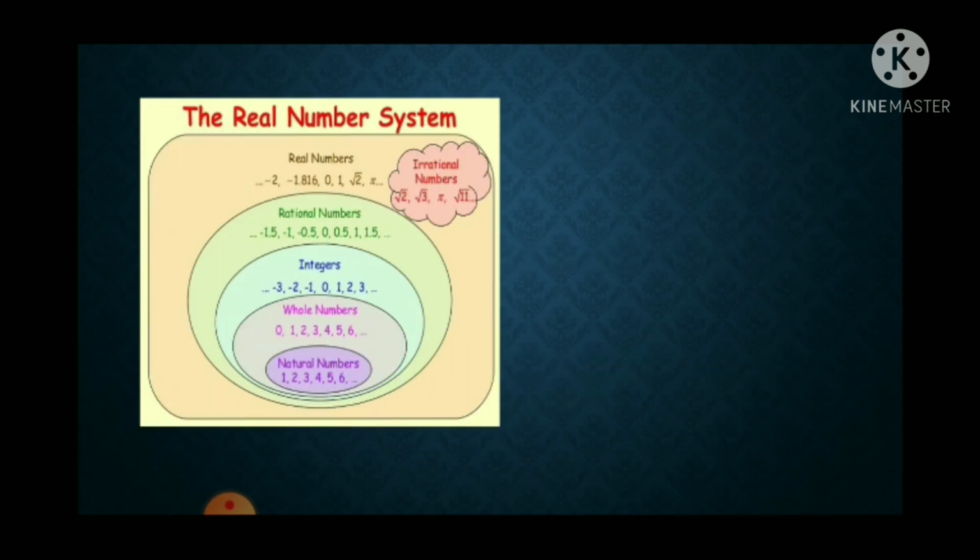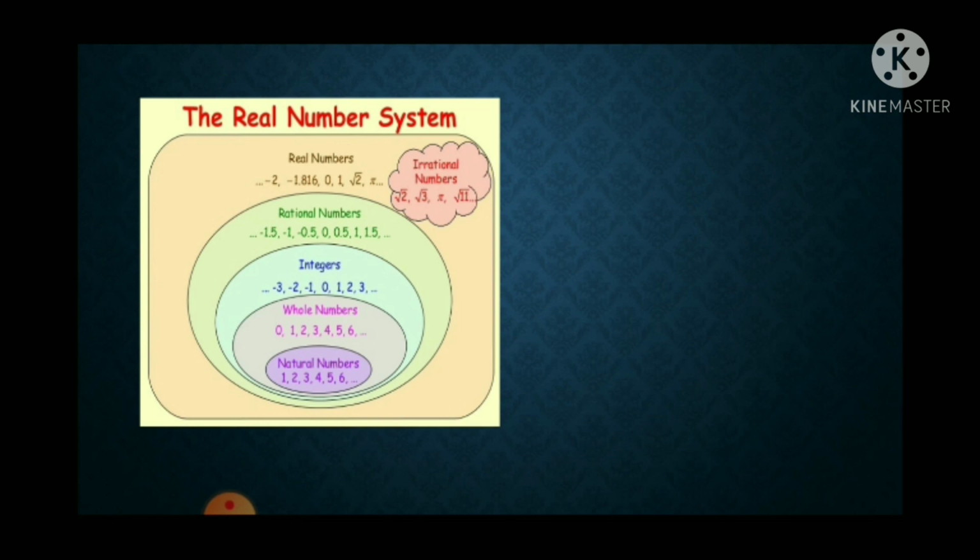So the figure, it shows the real number system. So as what I said, the real number system comprise the full spectrum of the real number system. The natural numbers, whole numbers, integers, rational numbers, irrational numbers.